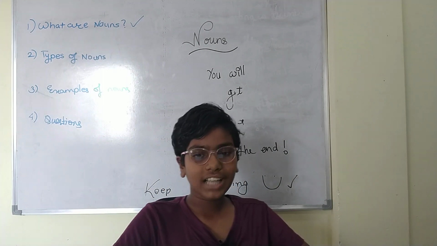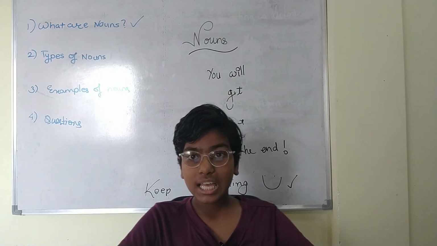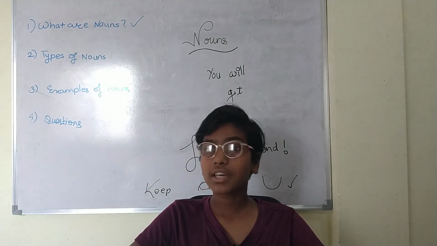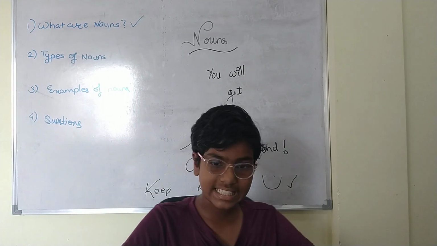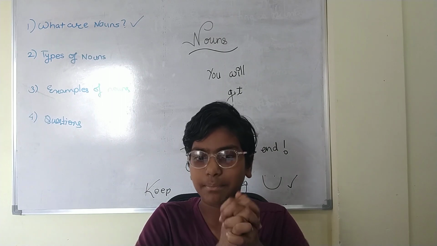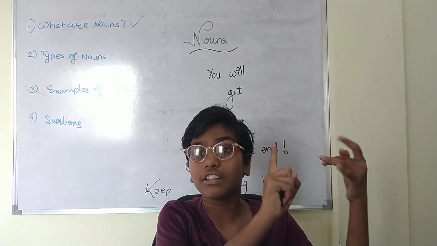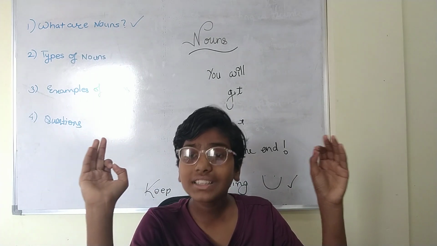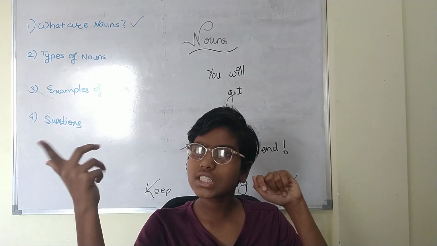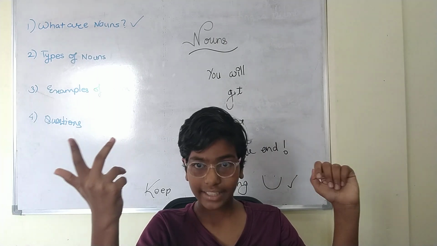So common nouns are the names of categories of persons, places, things, etc. Let's take an example. For persons: man, boy, girl, woman. Now for all these examples, the questions arise: which boy, which girl, which woman, which man?